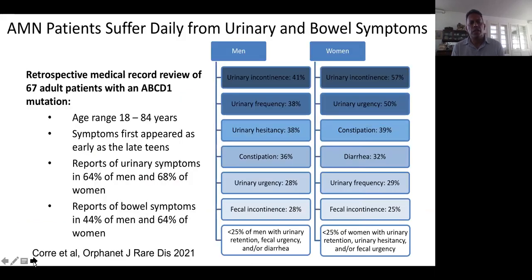And we've studied urinary and bowel symptoms in AMN and published a first large paper on this. This has been something that has largely been neglected in neurology, but for the first time we were able to really summarize and demonstrate that more than half of the women and men suffer from some bowel and bladder problems over their lifetime, and it really affects them on a daily basis.